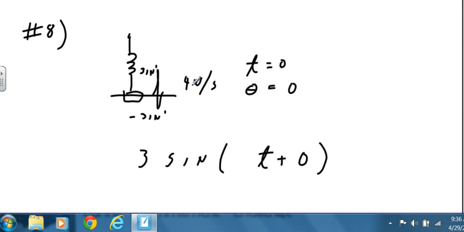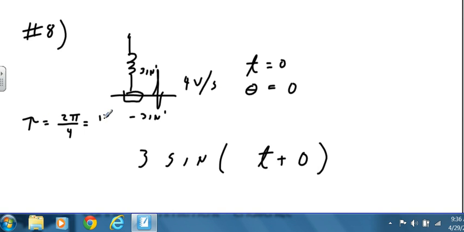So if I have 4 vibrations per second, okay, that means, what's my period going to be? My period is going to be 2 pi divided by 4.